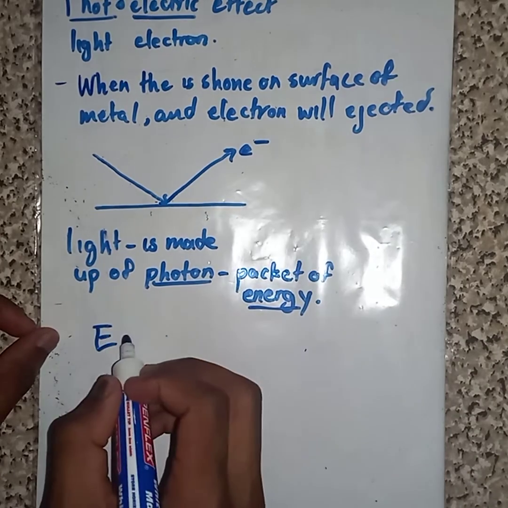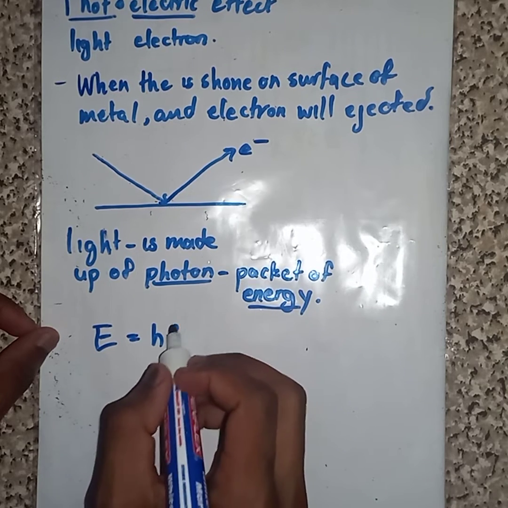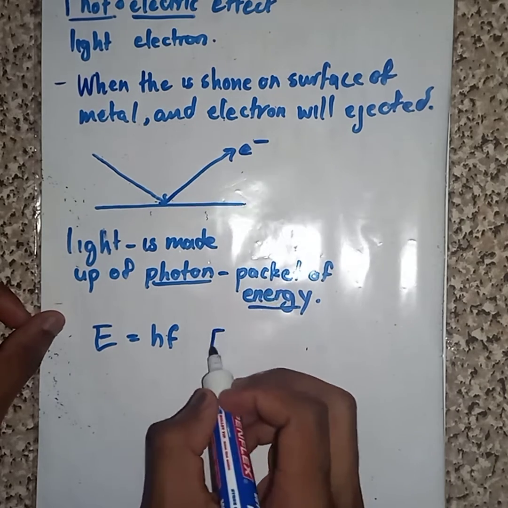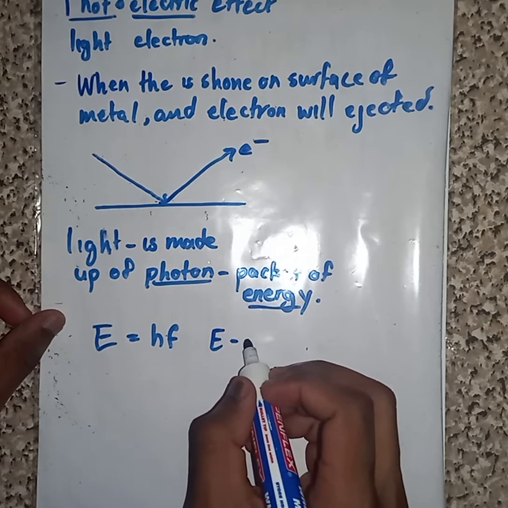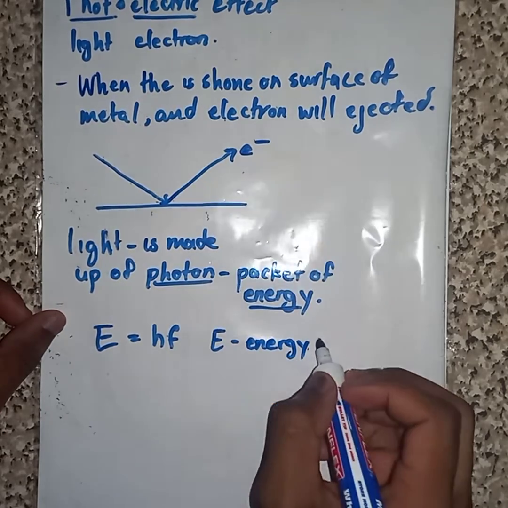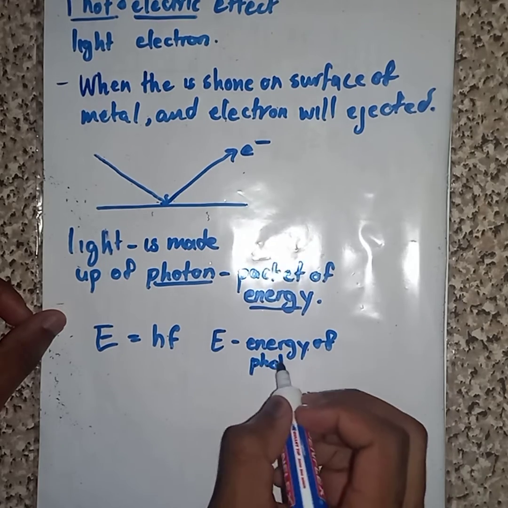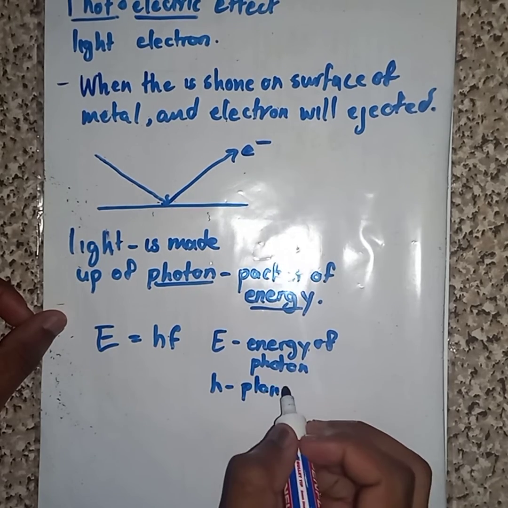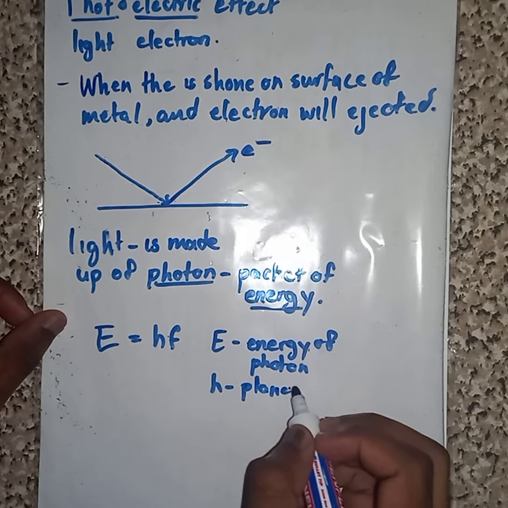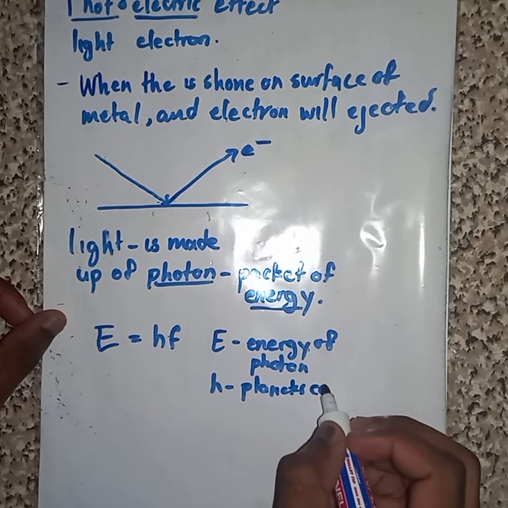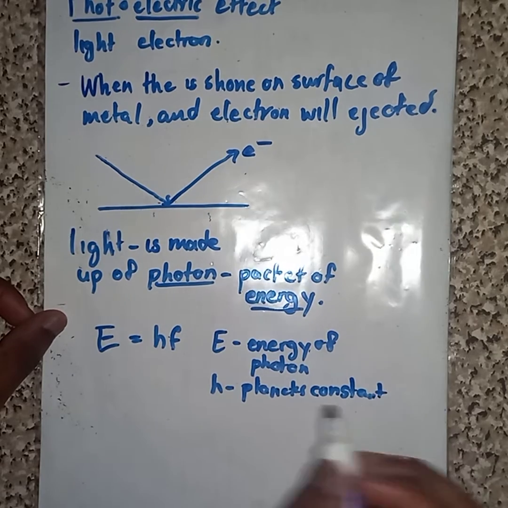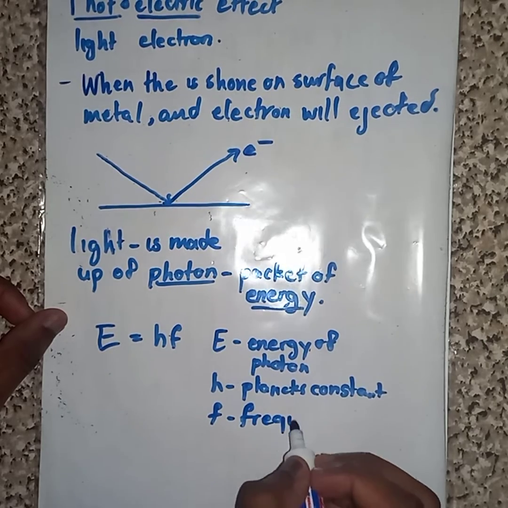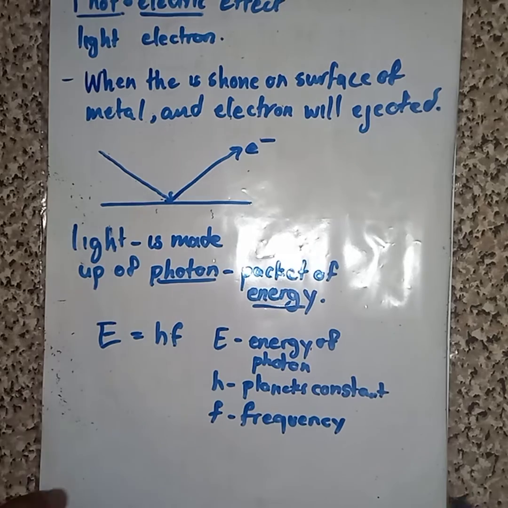We use this formula: E is the energy of a photon, h is the Planck's constant, and f is the frequency of the light.